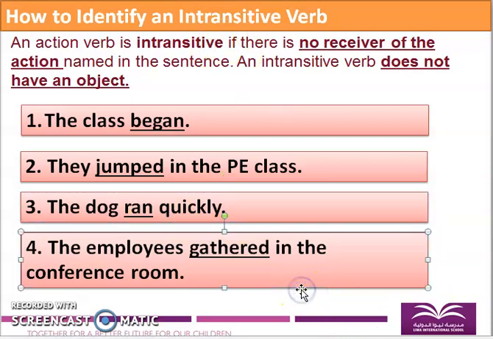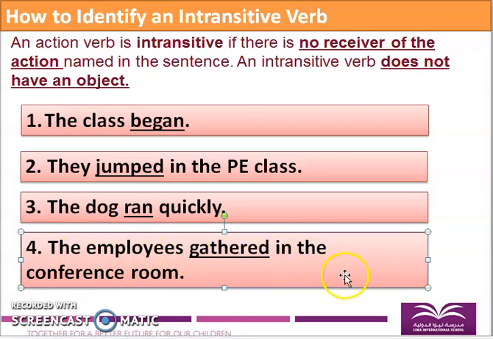Number 4. The employees gathered in the conference room. What is our verb here? Gathered. And this is an example of intransitive verb. Why? Because in this sentence, there is no receiver of the action. There is no object. Because if we're going to ask, the employees gathered who?